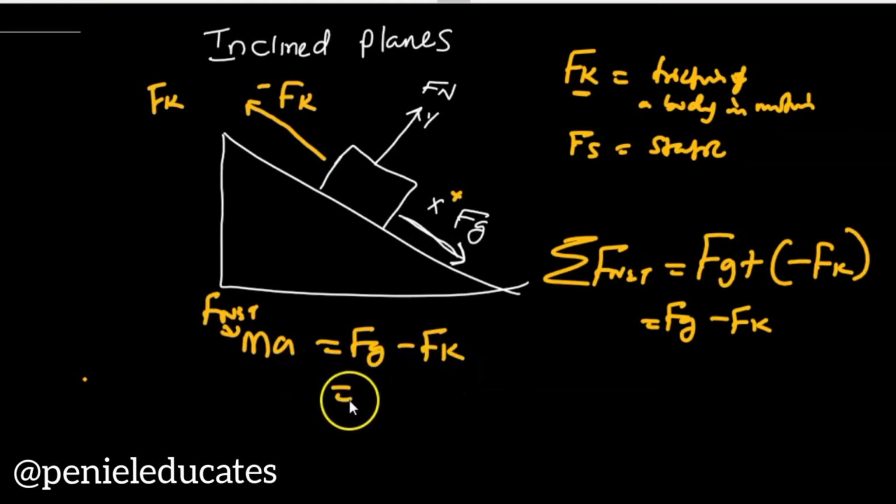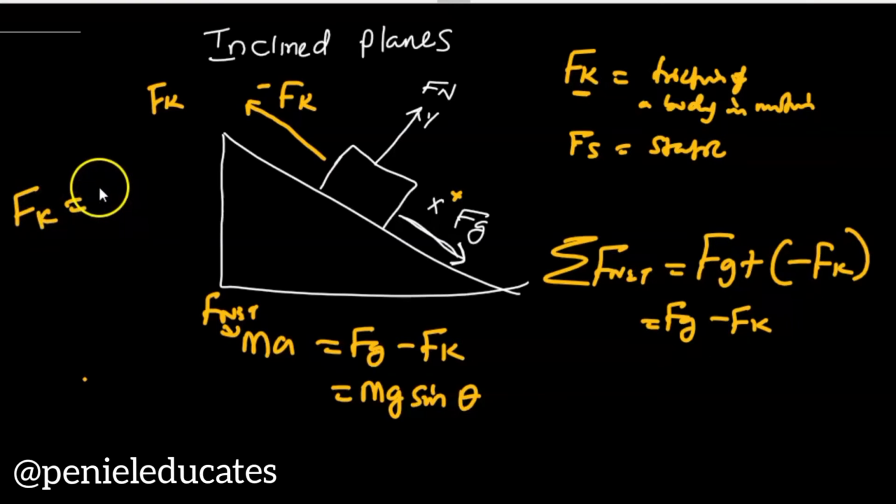Now, Fg, we already know in our calculation that Fg is mg sine theta. But for the kinetic force, which is Fk, we have mu k, which is the coefficient, multiplied by the normal force, that is Fn.